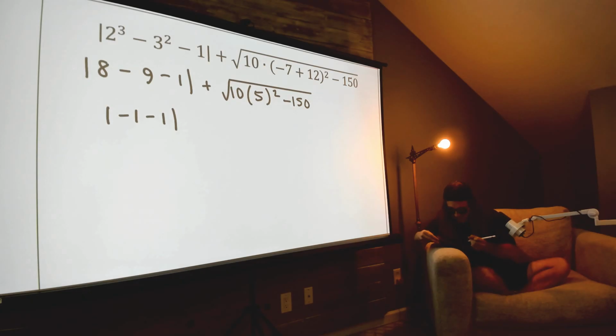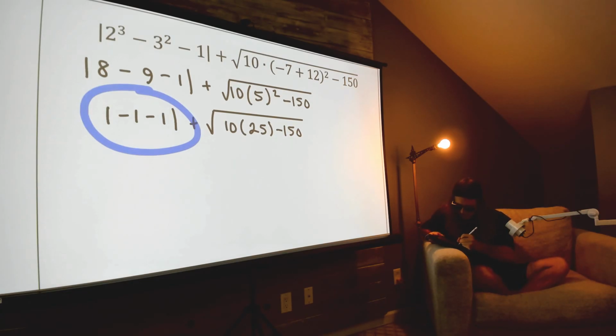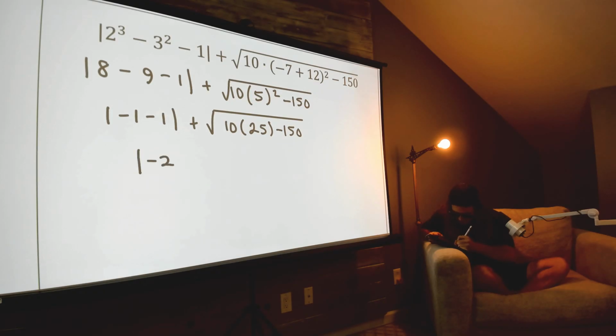All right. Yeah, this is a great lesson too, in that these are absolute values right there, right? And then these are ones. So be careful with that. Plus 5 squared is 25. So it's kind of like you have your own PEMDAS problem underneath the square root. Good. Back over here, negative 1 minus 1 is negative 2.